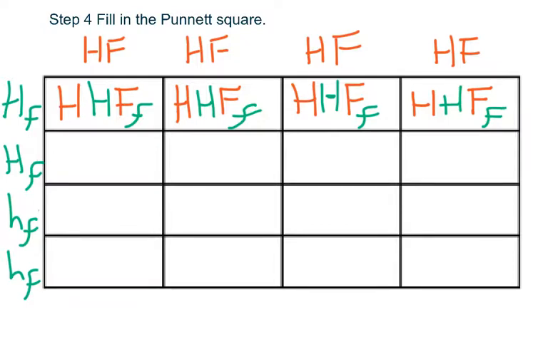In this case, the top row have all the same genotype. That isn't always the case. So then I'm just going to continue doing this all the way through.